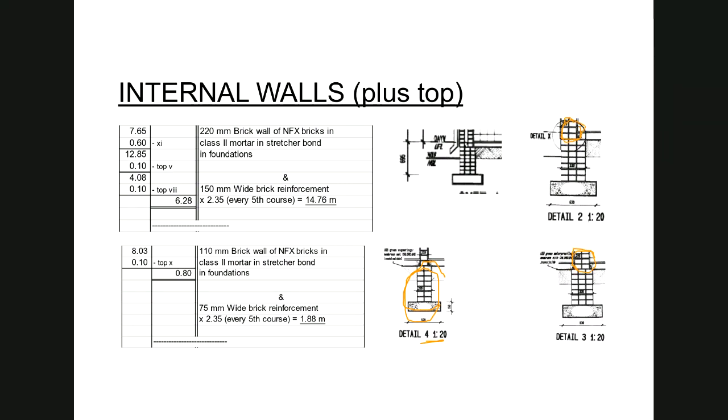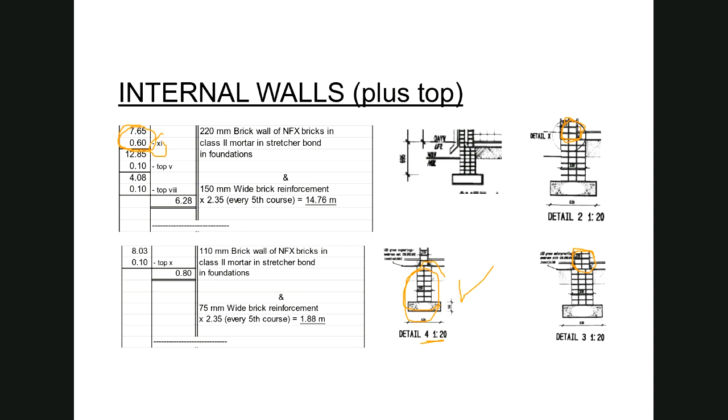So let's just look at the dimensions then. The 7.65 meters that I have over there is then the detail 4, and that is the reference for detail 4. So the first dimension that I have over here is then dealing with what I have over there.